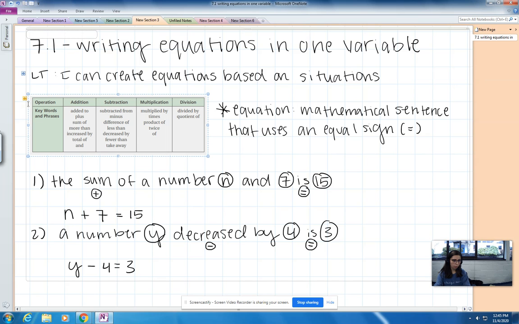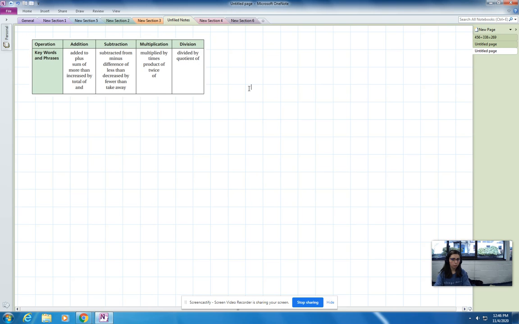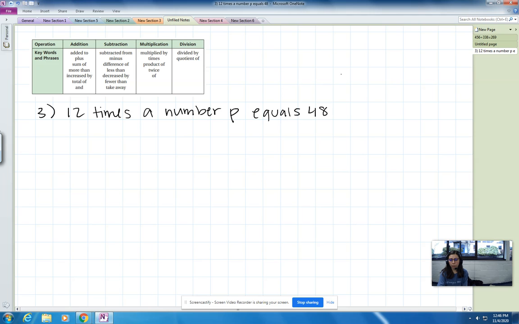We are going to do 2 more here. Copy and paste our chart. And number 3 says 12 times a number p equals 48. So again, we're going to read it. We're going to figure out what operations are going on here.